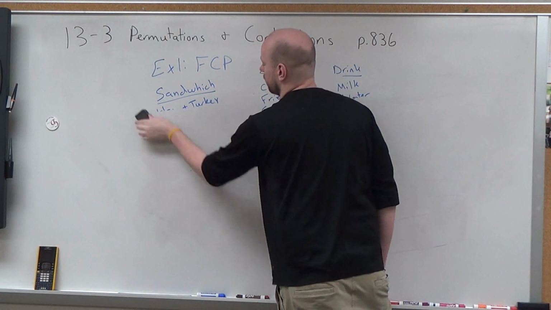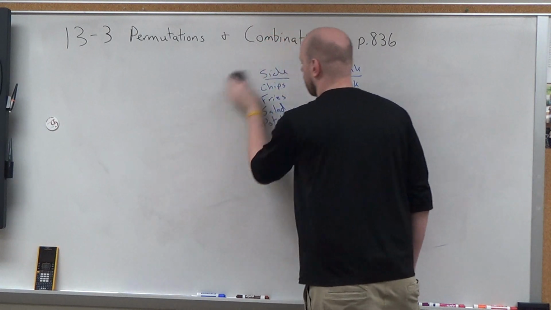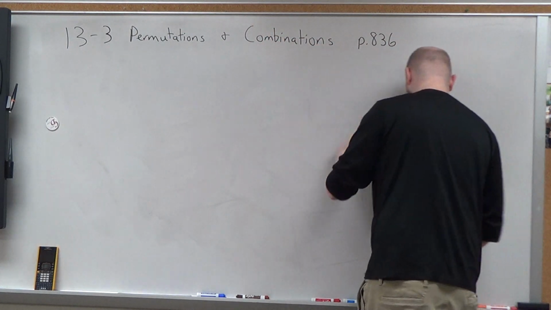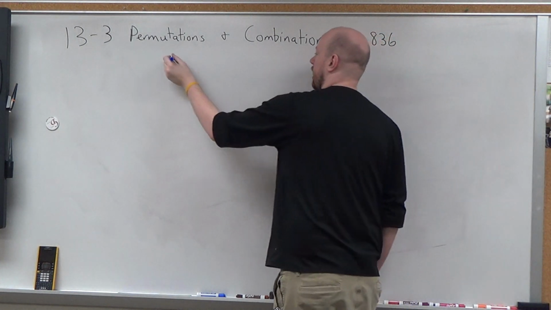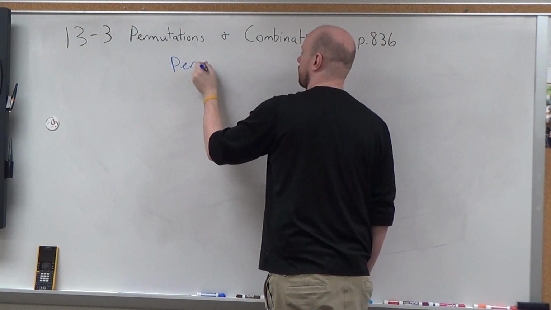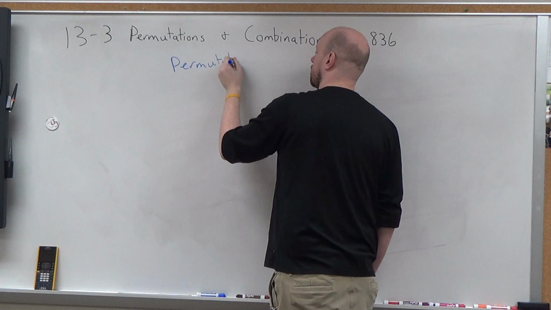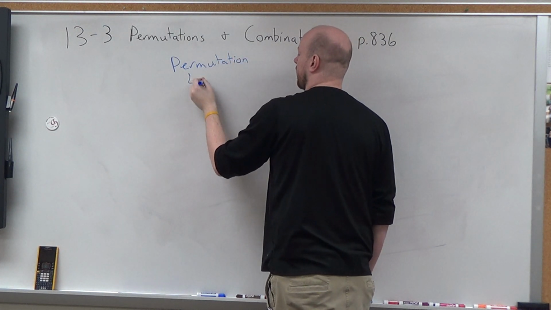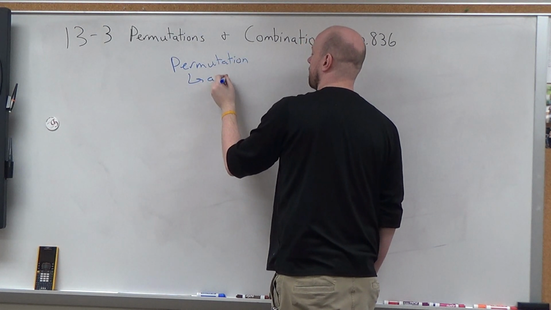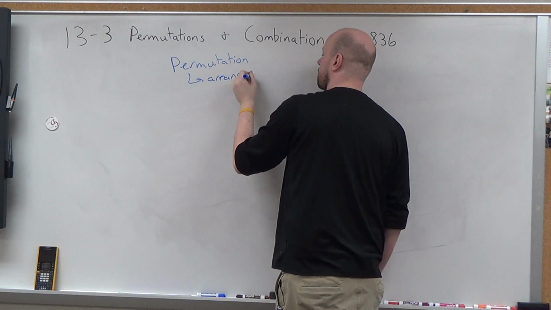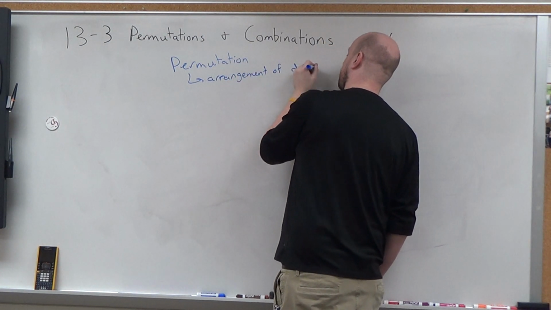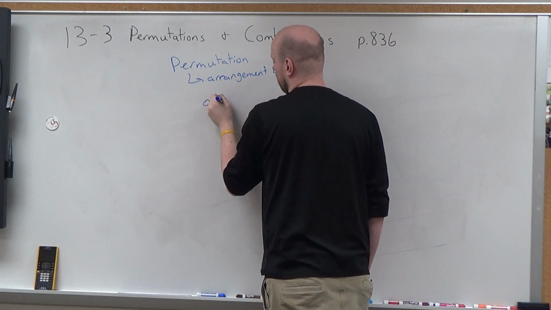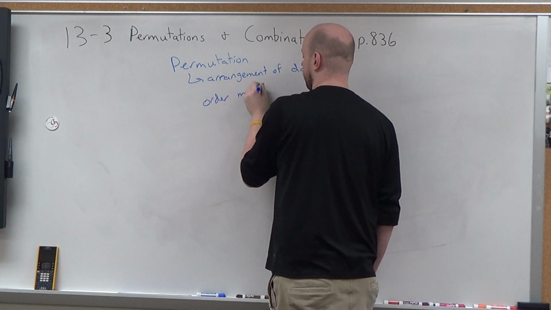Now we're going to get into sort of the crux of the lesson. So first one we're going to talk about is called a permutation. A permutation is an arrangement of data, and the big thing to remember is that order matters.